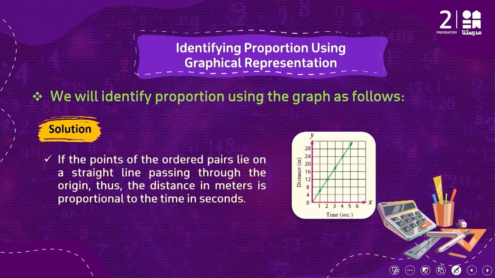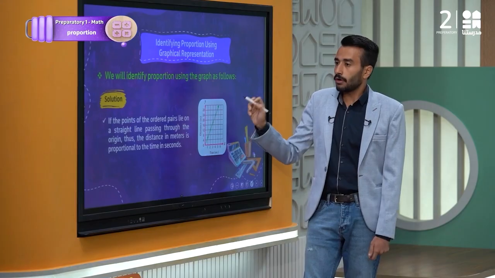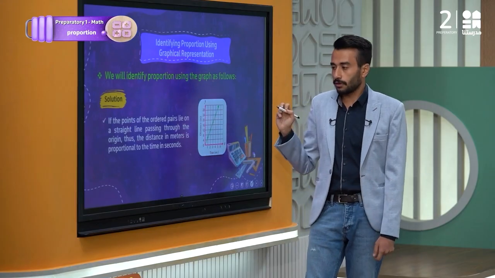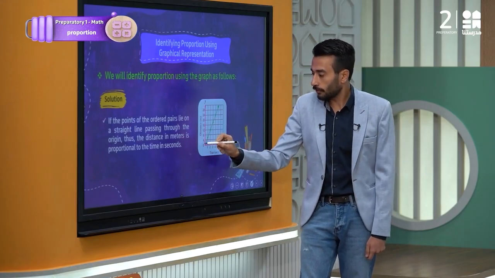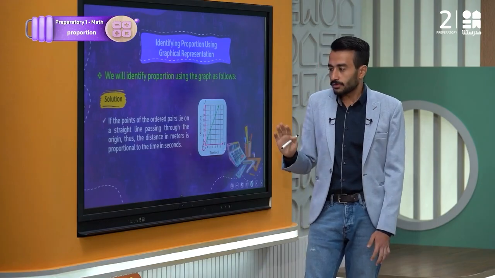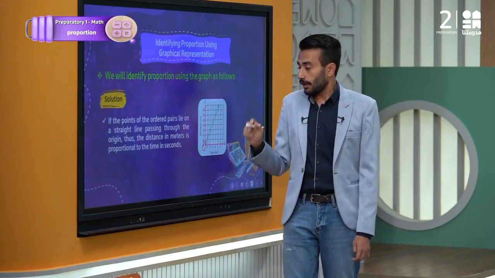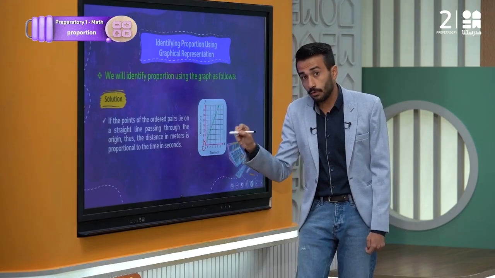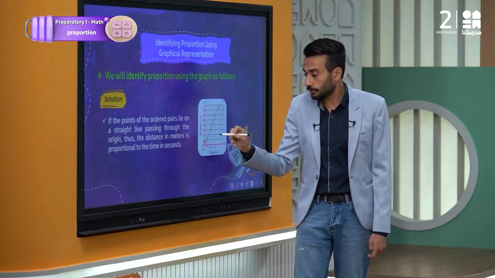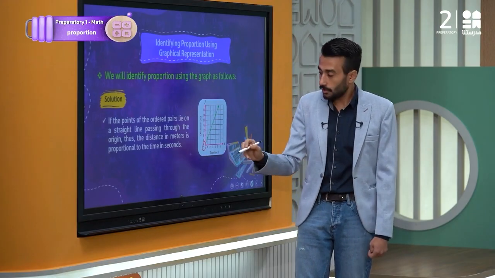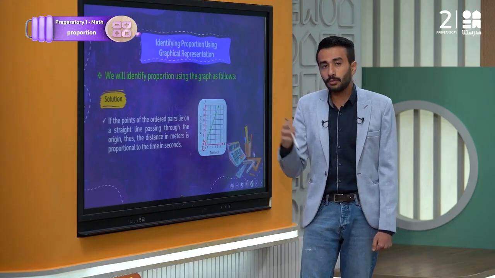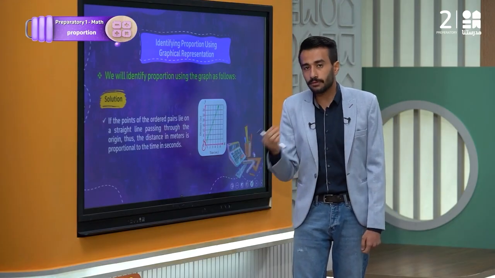Now, the points, all of them lie on the line. The points here all lie on the same straight line and start from 0. So it's proportional. If the points lie on the same straight line and this line starts from 0,0, then the two amounts represent a proportion.